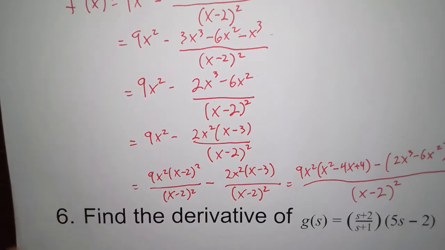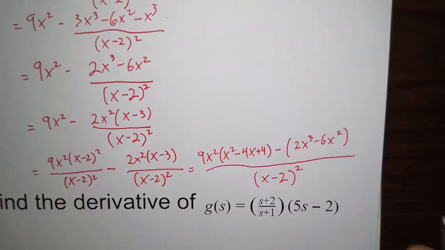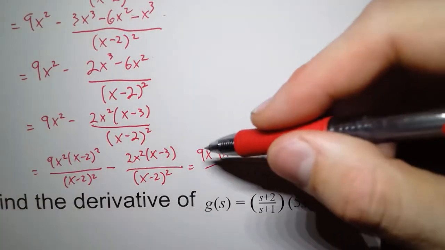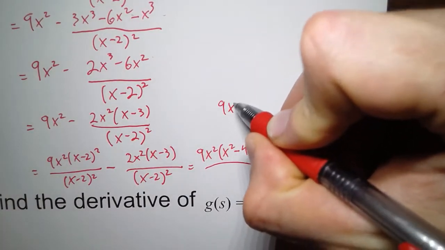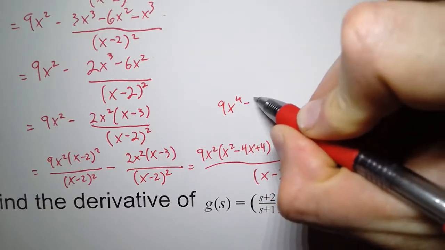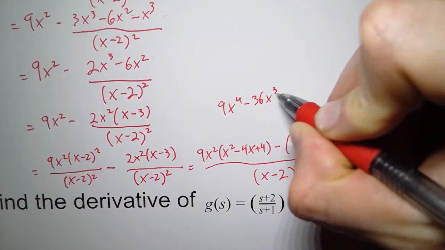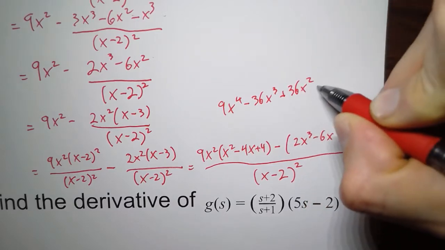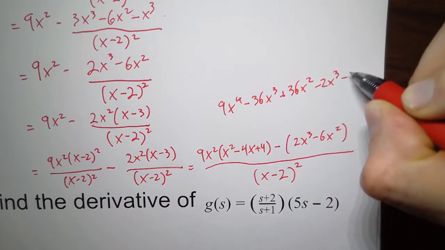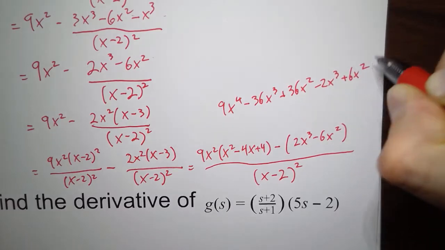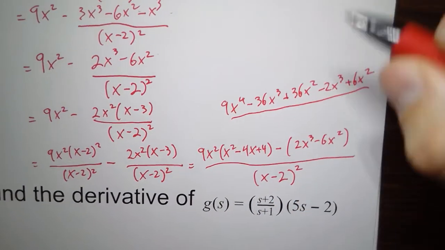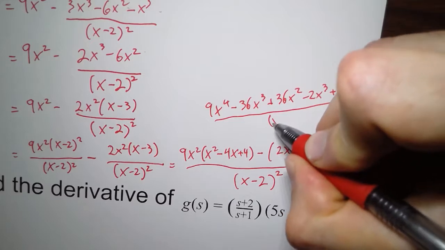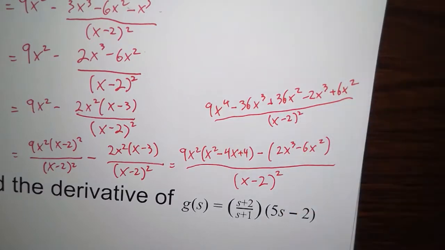All right. So I'm just going to work this upwards. So we have 9x to the 4th minus 36x to the 3rd plus 36x squared minus 2x cubed plus 6x squared. And one more step and we've got this.